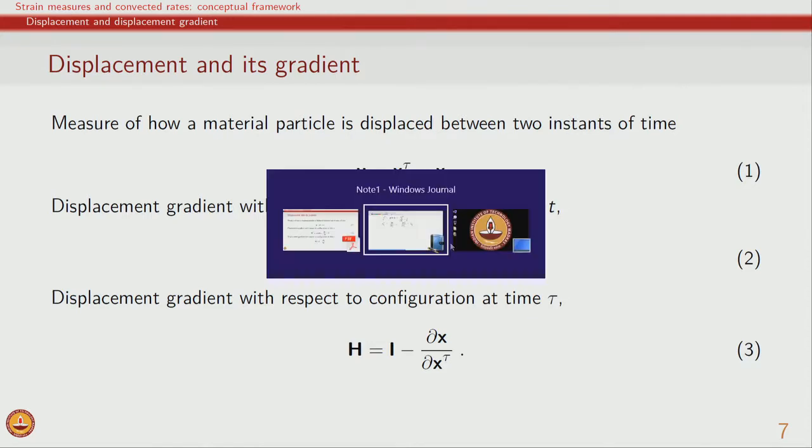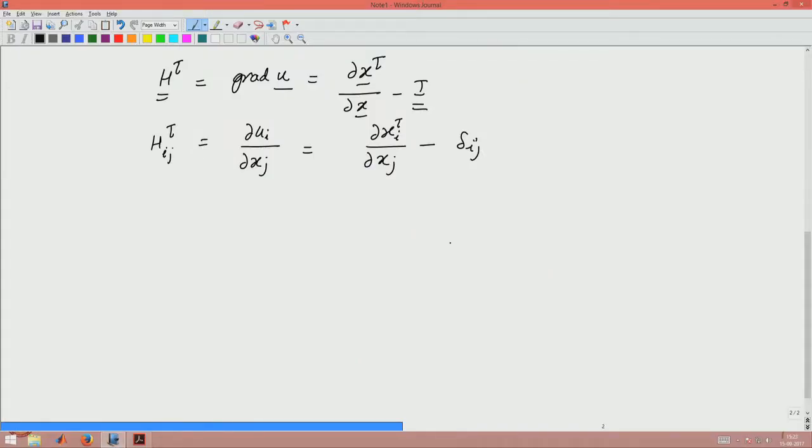What we are trying to say here is, if we have a material with two neighboring points at any time tau, let us say this tau is present time, then this is nothing but the material fiber which connects the two neighboring points.